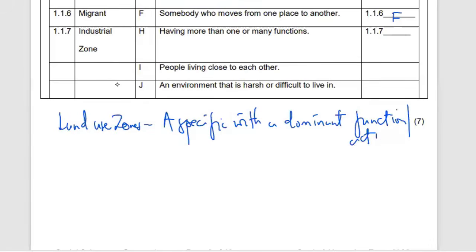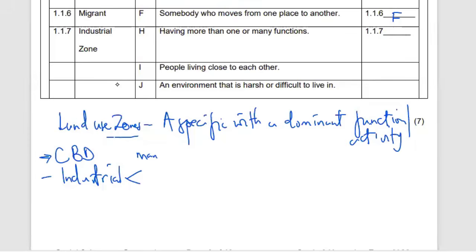For example, in our land use zones, we have a land use zone which we call the CBD, which means there are some activities which are dominant in this particular zone. Then we have the industrial zone. This is a land use zone which is dominated by manufacturing activities.